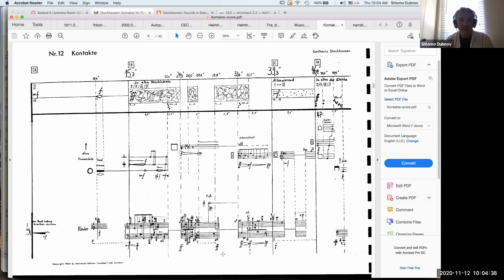Serialism. And what happened with this type of music was that Arnold Schoenberg kind of created the 12-tone idea, that you don't need to have tonality anymore.